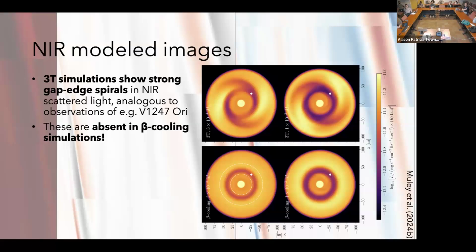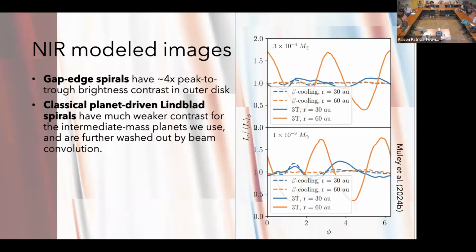I did some near-infrared image modeling, and looking at the near infrared with beta cooling, again, it's just a ring and gap, nothing too out of the ordinary. But when you have three temperatures and you get this non-axisymmetry, you do get two-arm spirals. The brightness contrasts end up being a factor of 4 or so with three temperatures, but much lower with just beta cooling.